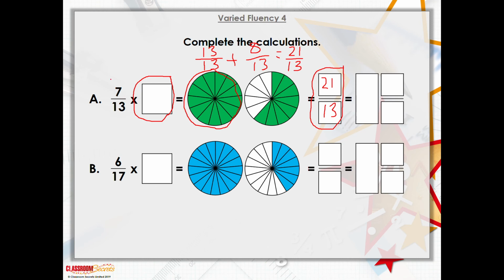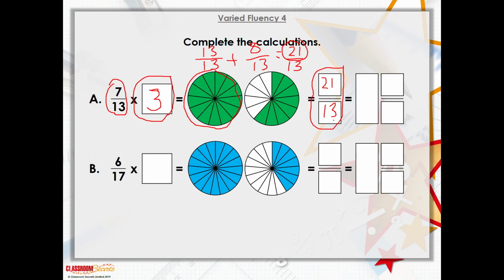You can count up with me and write it down. 1 lot of 7 is 7, 2 lots of 7 are 14, 3 lots of 7 are 21. So I've multiplied this fraction by 3 to get to 21/13, because 7, 14, 21. So 7/13 times by 3 equals 21/13.